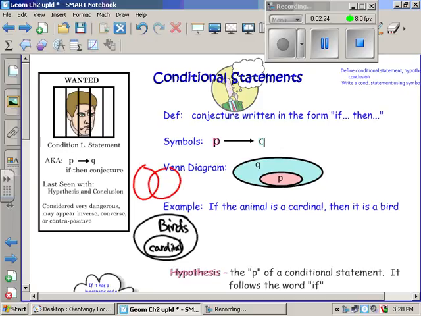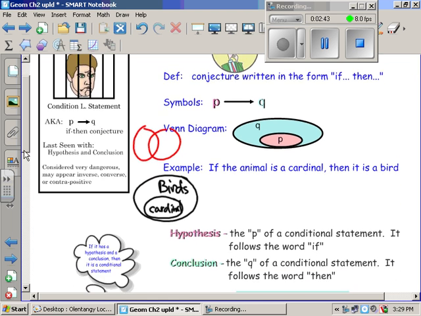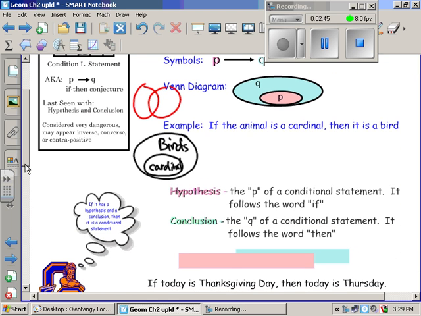Okay, so you're saying, if this animal is a cardinal, so you're judging whether it's a cardinal. If it is, then it's a bird, then it belongs in that group. So cardinals are a subset of birds. All right, and then vocabulary-wise, we call that if part the hypothesis, the thing that you're testing.